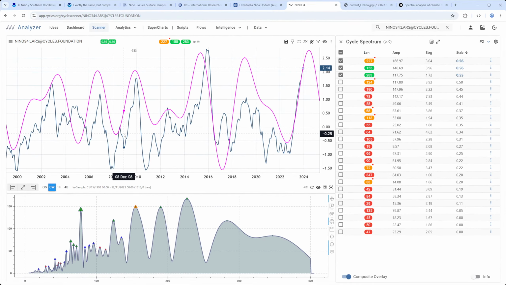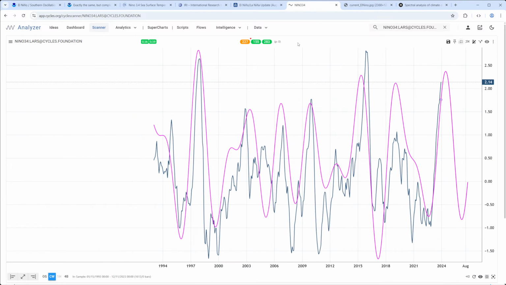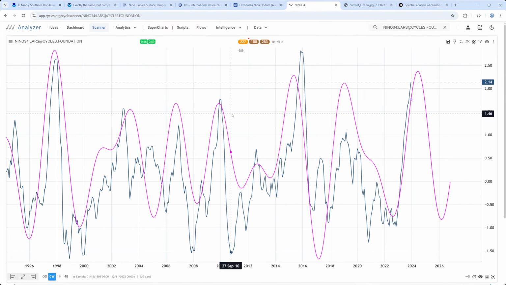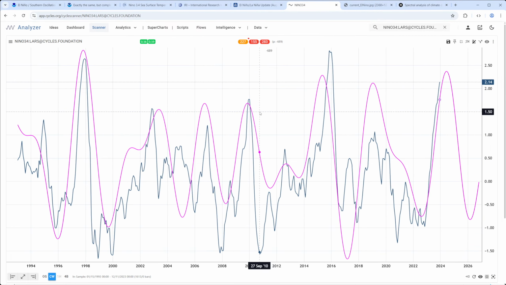So applying those 3 cycles here now to that data series, as a first visual check, the purple plot now is the dominant cyclic composite analysis based on 3 cycles.